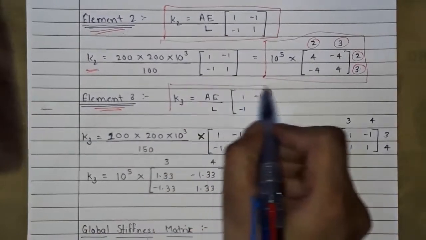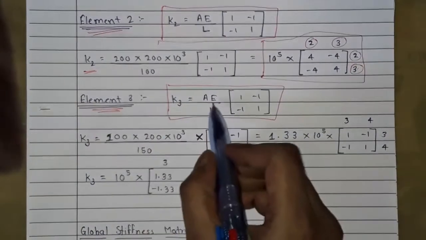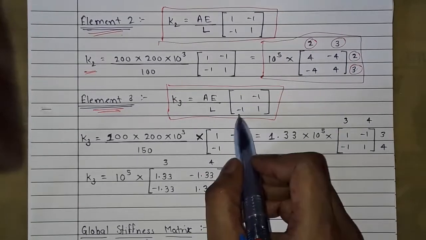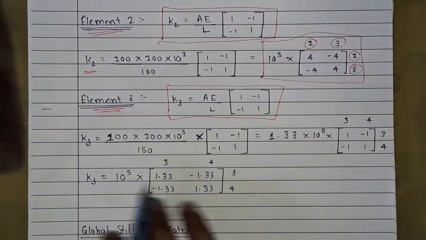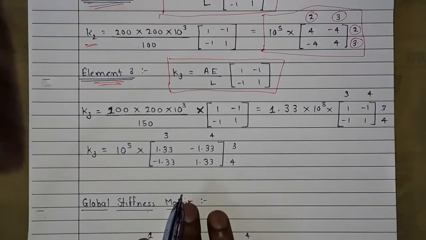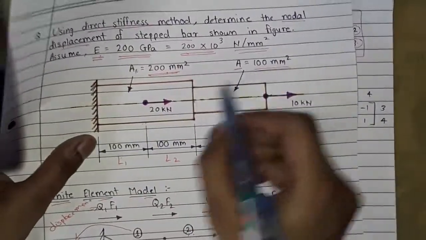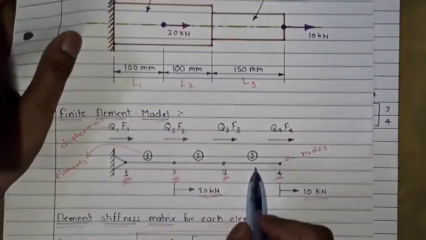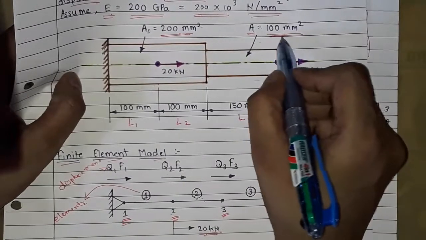The formula is the same, that is AE upon L, and into the matrix 1, -1, -1, 1. Now friends, let's put the values for element number 3. The area of this bar, which is element number 3, is 100 mm square.